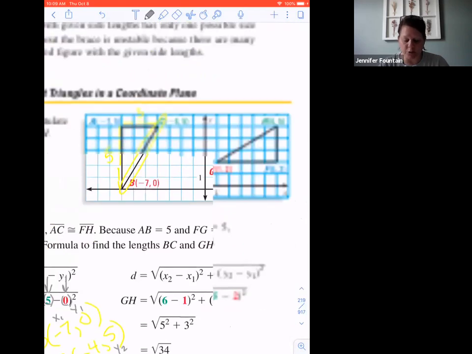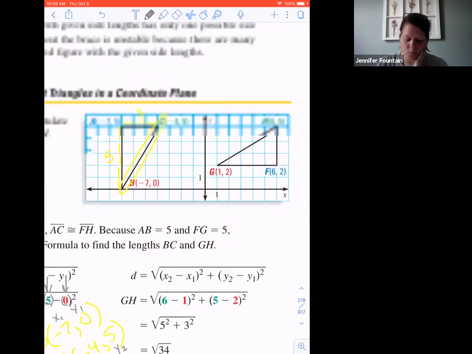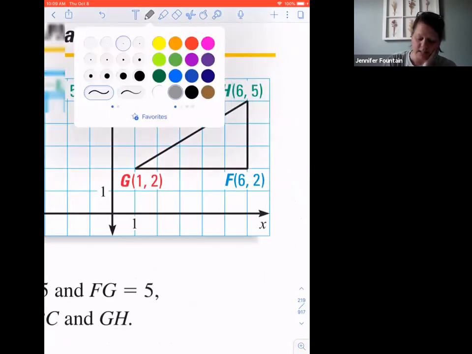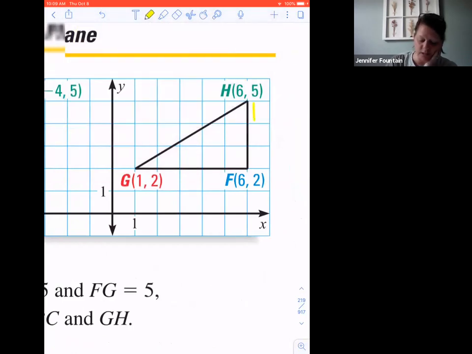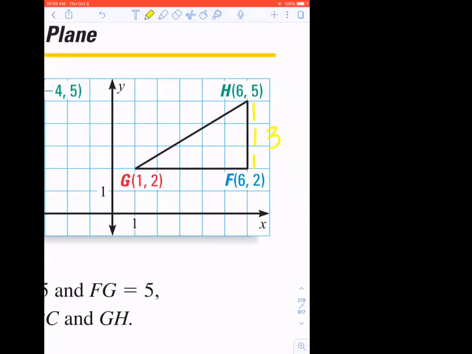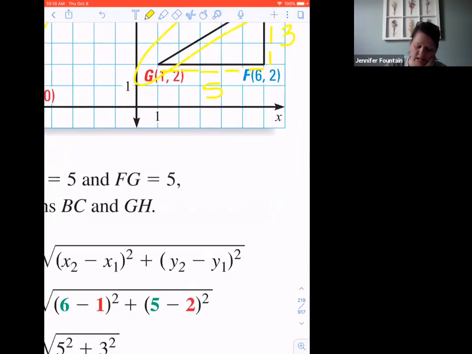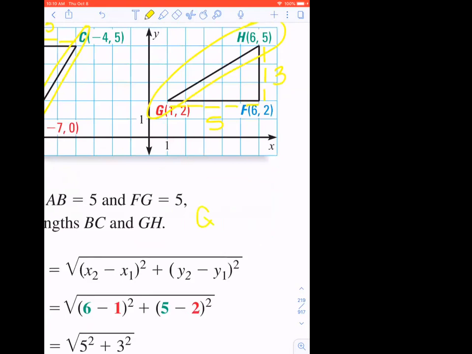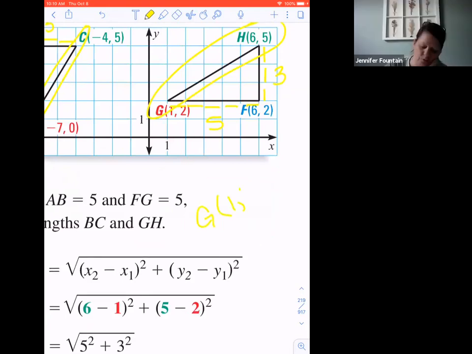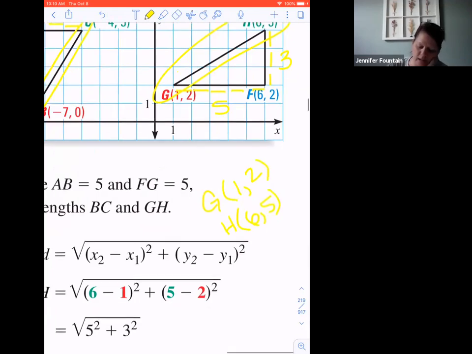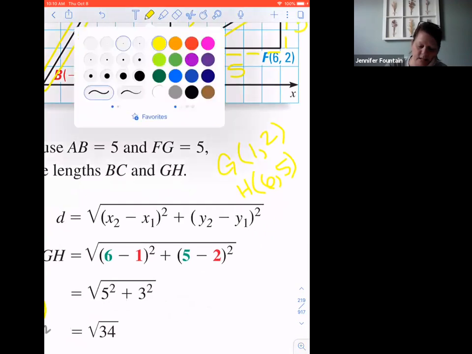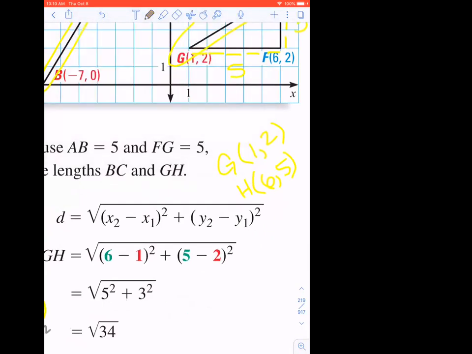Now we've got to go to the other triangle. Again, when I look at it, I'm able to see that the side of this one is 1, 2, 3. This one is 1, 2, 3, 4, 5. Okay, so now I've got to find the distance of GH. G is 1, 2. H is 6, 5.